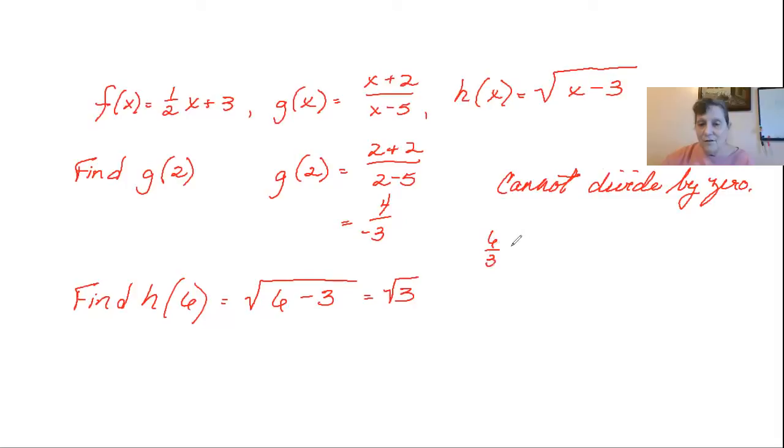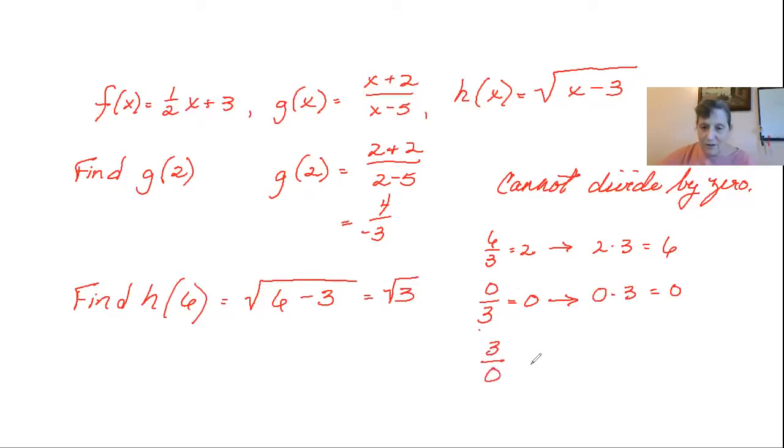You know that 6 over 3 is 2, because 2 times 3 is 6. We even know that 0 over 3 is 0, because 0 times 3 would equal 0.